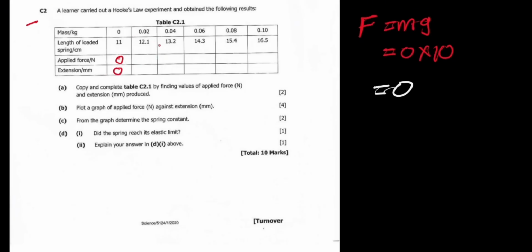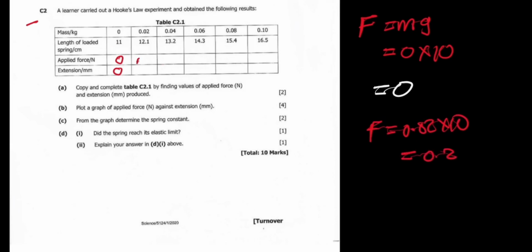Now for the second column, force is equal to mass, which is 0.02, times 10. So that is going to give us 0.2.